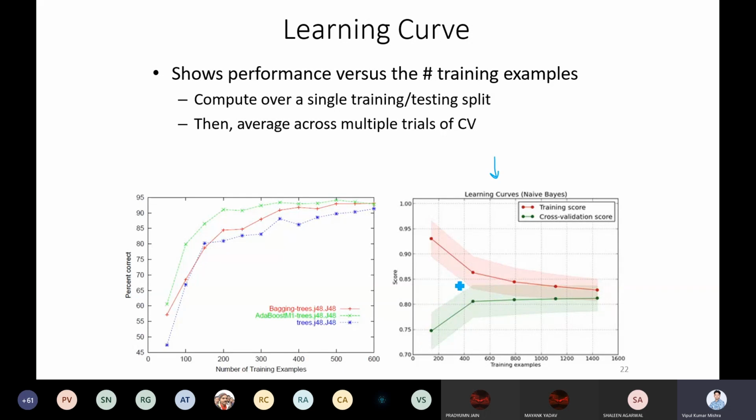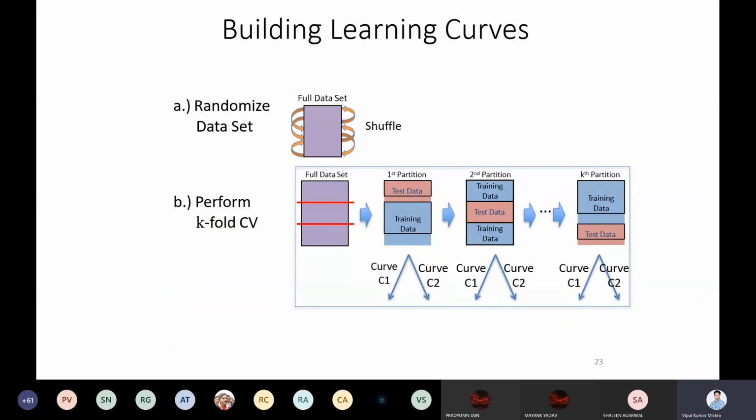When we say cross validation score, it is the combination of all the cross validation points, averaged out. That is the cross validation score. In that way we are able to get a good curve, and this cross validation curve will help you get a better algorithm.